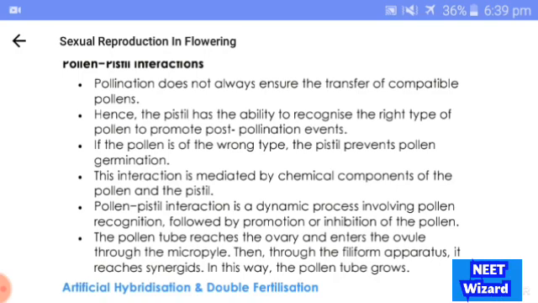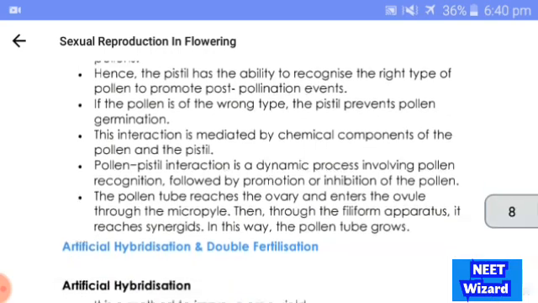This interaction is mediated by chemical components of the pollen and the pistil. Pollen-pistil interaction is a dynamic process involving pollen recognition followed by promotion or inhibition of the pollen. The pollen tube reaches the ovary and enters the ovule through the micropyle. Then through the filiform apparatus it reaches the synergids. In this way, the pollen tube grows.